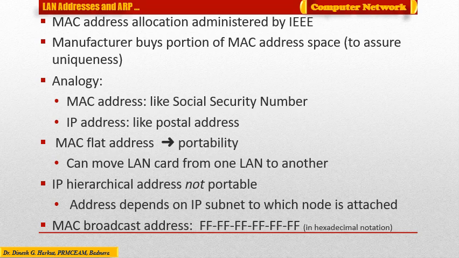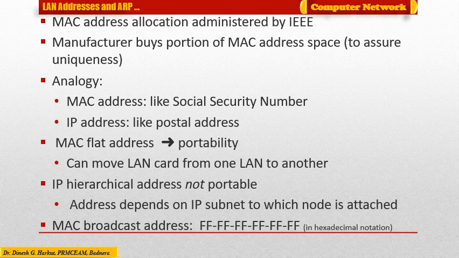However, sometimes a sending adapter does want all other adapters on the LAN to receive and process the frame it is about to send. In this case, the sending adapter inserts a special MAC address, called the MAC broadcast address, into the destination address field of the frame.